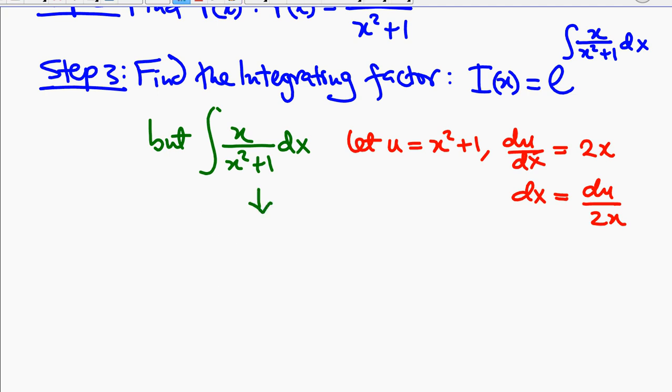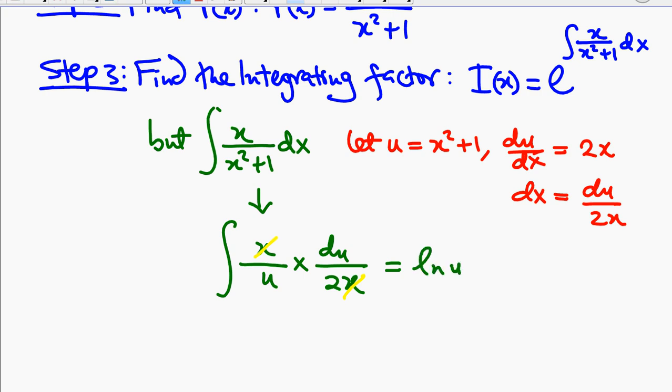Okay, so which means our integral will be, a little arrow just to show that something happened before this, x over u multiplied by dx, which is du over 2x. And these do cancel. This will give you just ln u, all right?